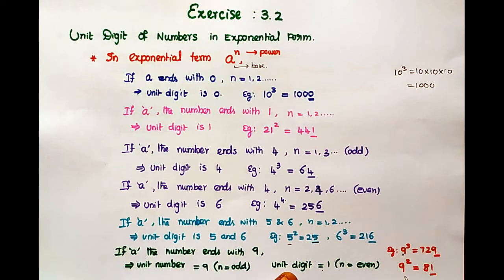And 9 squared, base 9, power is an even number, we get 81, so 1 is the unit digit.